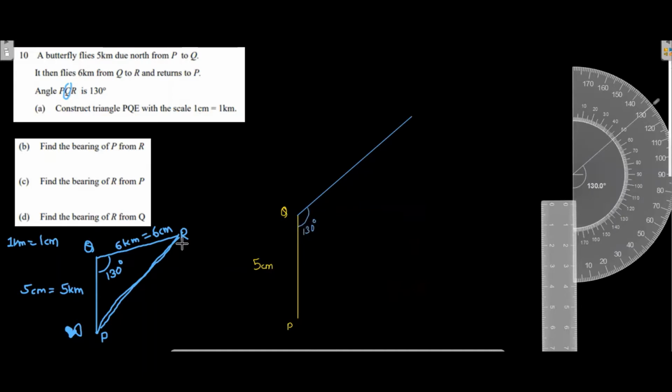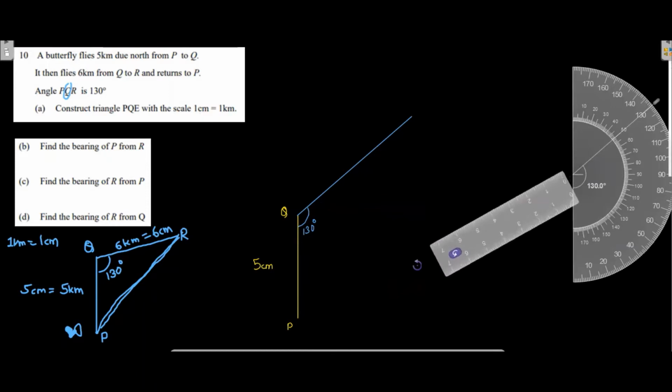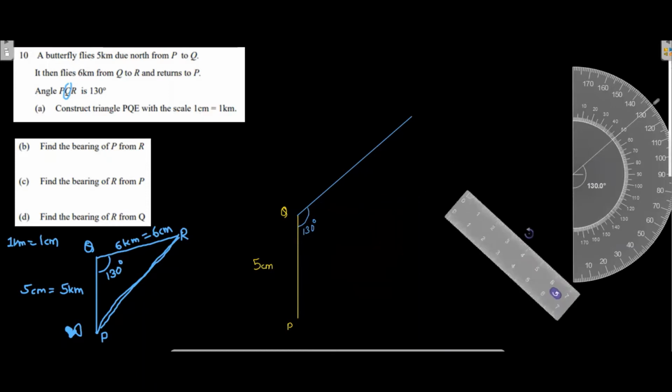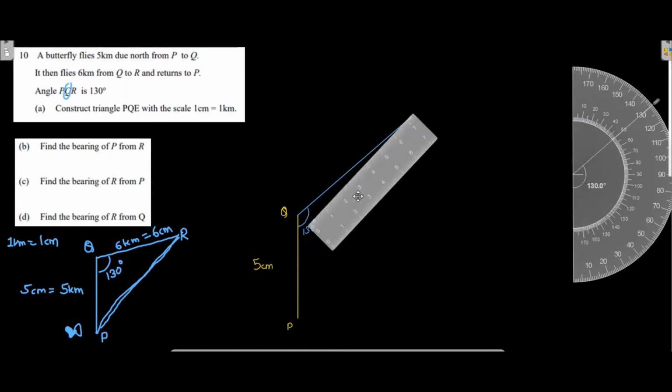But we have to mark the point R. What is the length? It is 6 centimeters. So use the ruler, keep it straight, and mark 6 centimeters. I will use another color, red maybe, so that it is visible. So this is 6 centimeters.